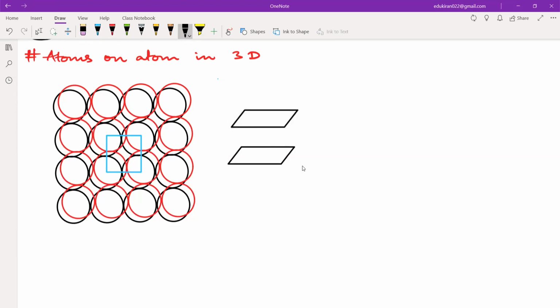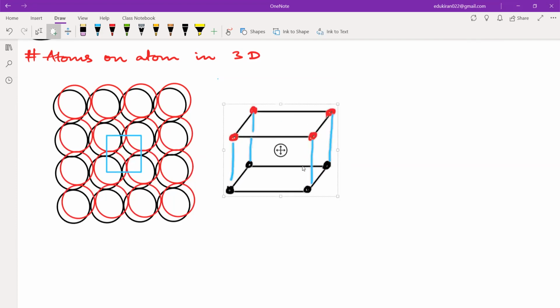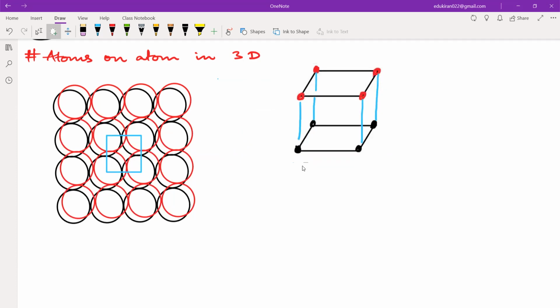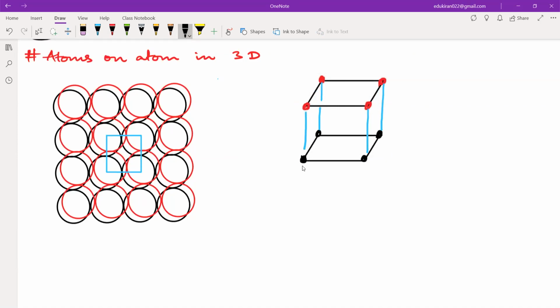So we have the black atoms in one layer, then on the top layer we have the red atoms. And then I'm going to join them. As I join them, you can see that we have made a cube, right? Yes, this is a unit cell for this packing.